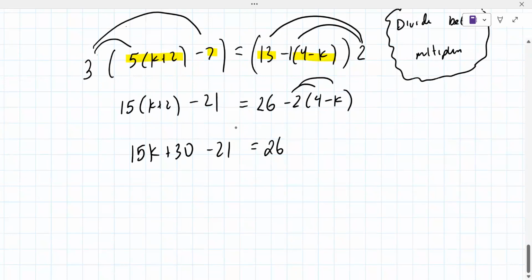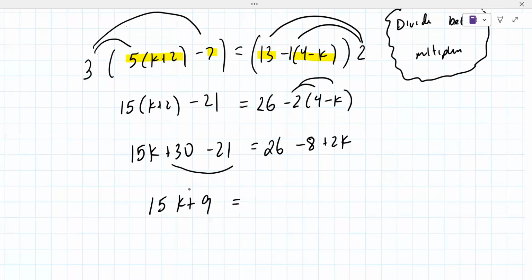The negative 2 gets to distribute in, so minus 8 plus 2k. All right, and so now we combine like terms. This 30 minus 21 is 9, 15k plus 9 equals 26 minus 8 is 18 plus 2k. So now 15k plus 9 equals 18 plus 2k. So we're going to subtract 2k from both sides.